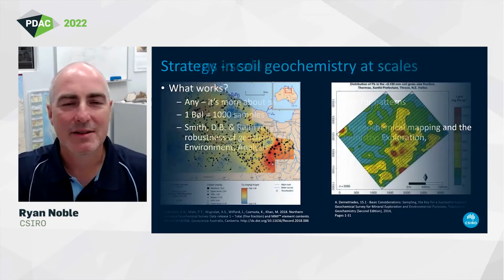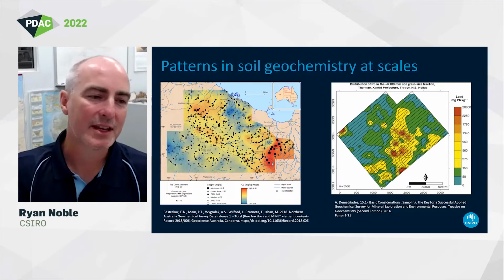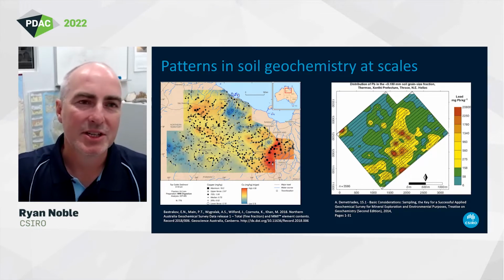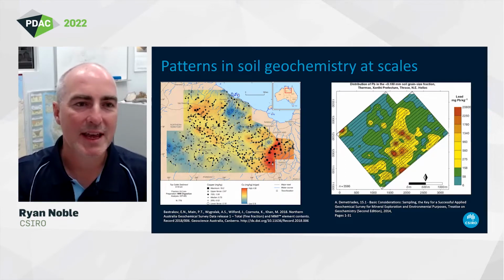And so you can see here in these two examples, on the left-hand side, Evgeny Bastrikov from Geoscience Australia presenting some of the work from a very large region, over quite a few hundred kilometres, a copper in soil survey. And you can observe the trends there with the different colours in the background.